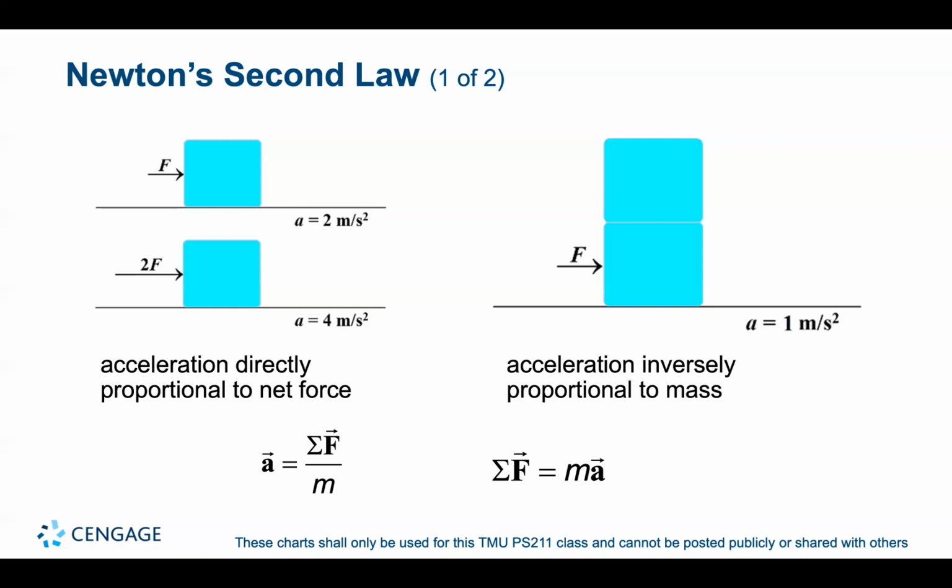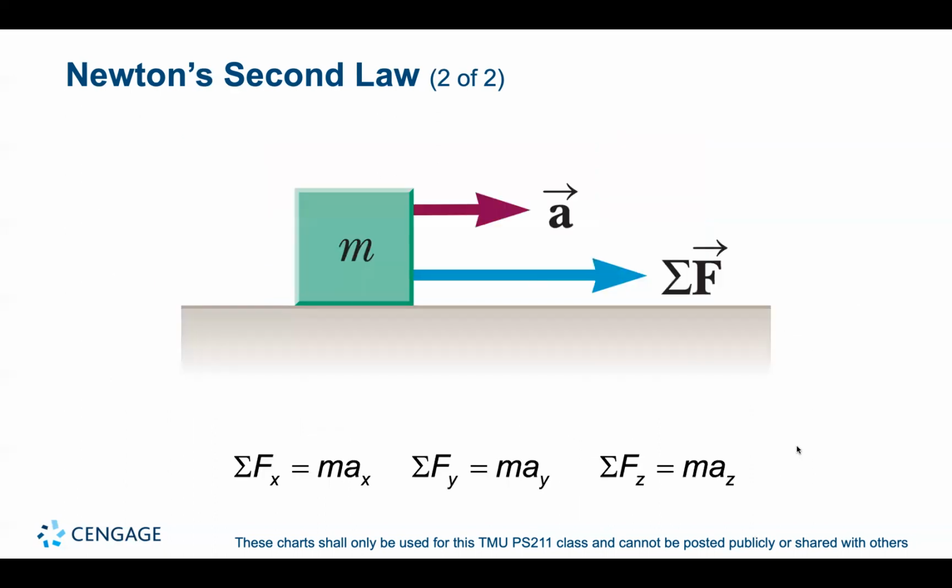From observations like these, we conclude that the acceleration of an object is directly proportional to the net force acting upon it. Here we see that acceleration is inversely proportional to the mass, and we're starting to get to this equation that's quite helpful.